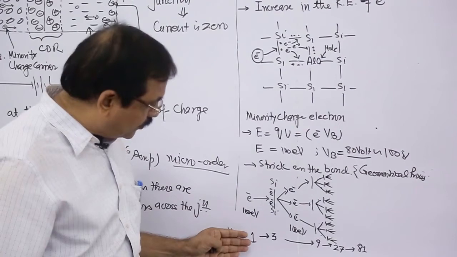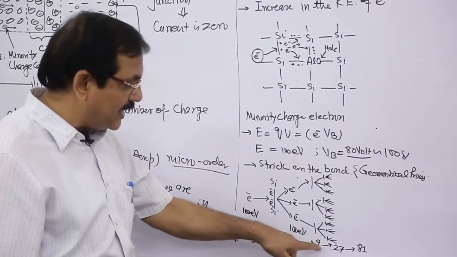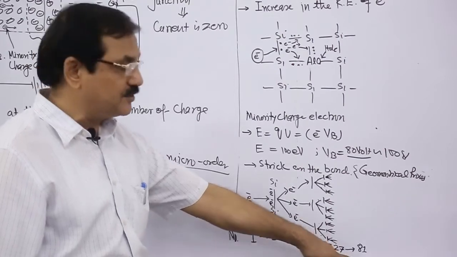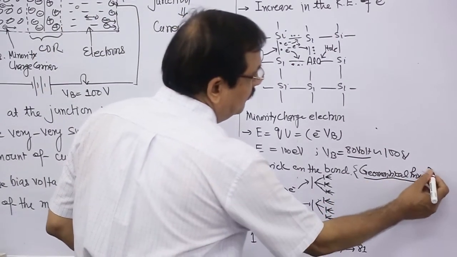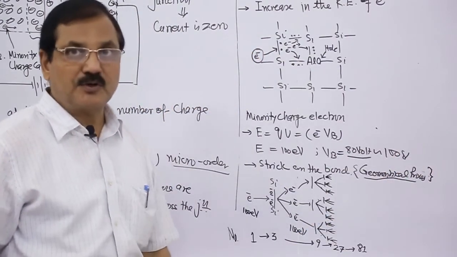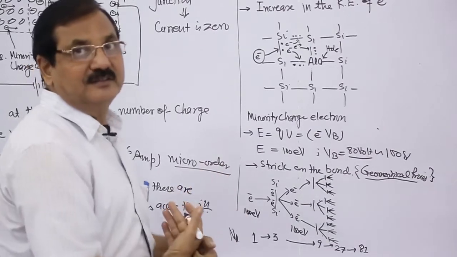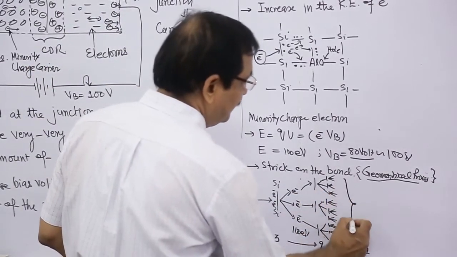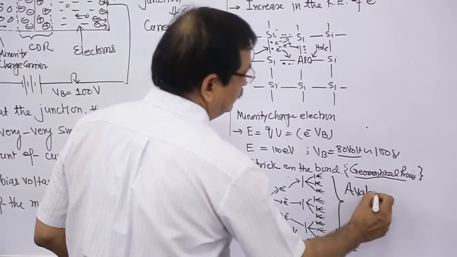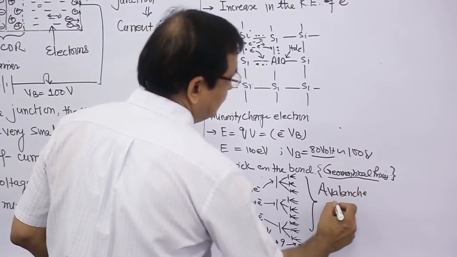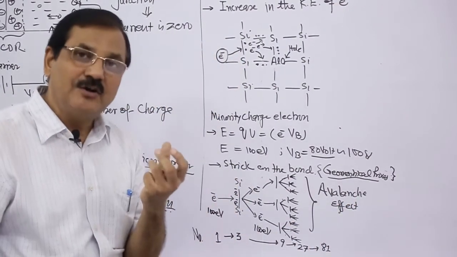So, this process from 1 to 3, 3 to 9, 9 to 27, 27 to 81 is a geometrical process, and this kind of effect is known as the avalanche effect.